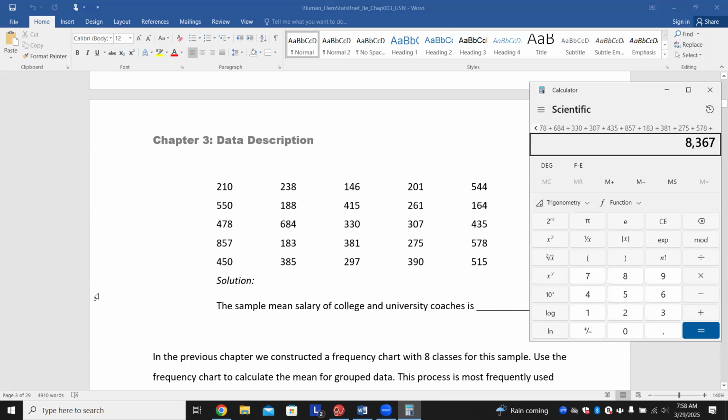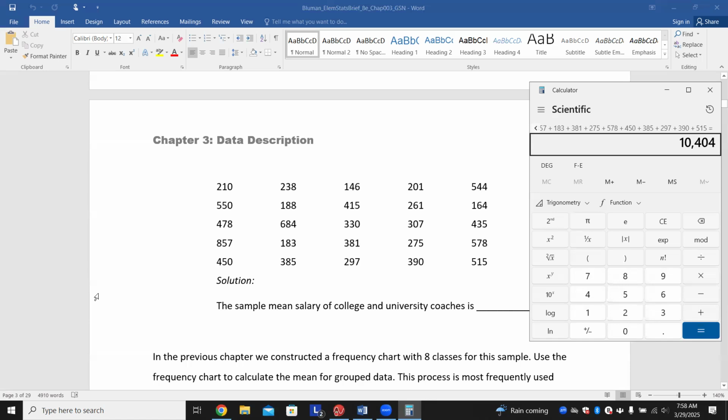Let me get to my last numbers on a different page. Plus 450 plus 385 plus 297 plus 390 plus 515.